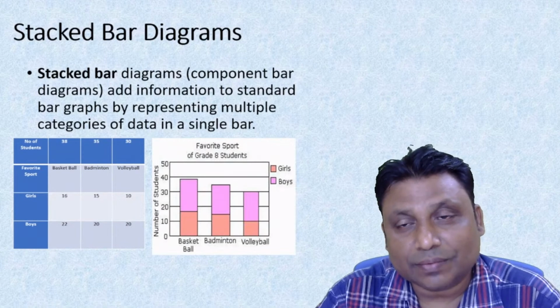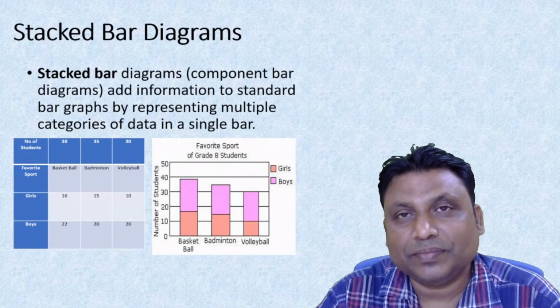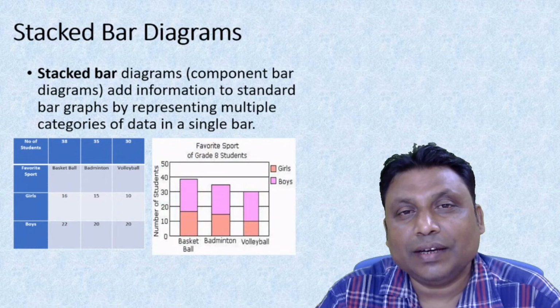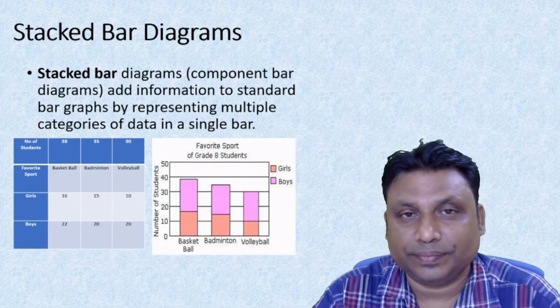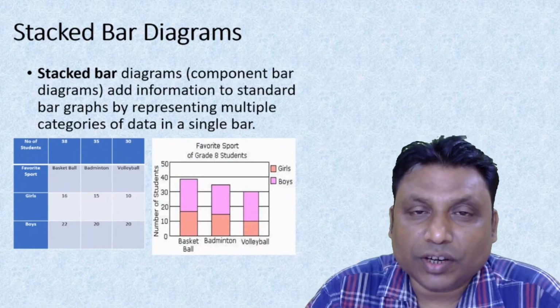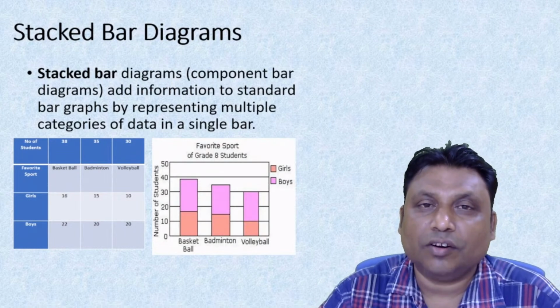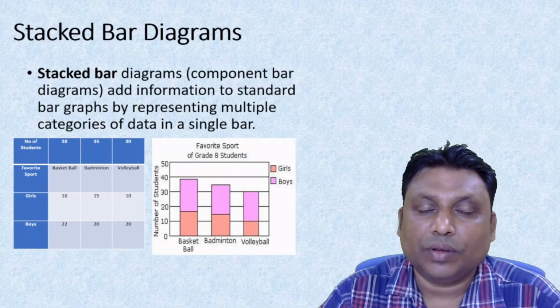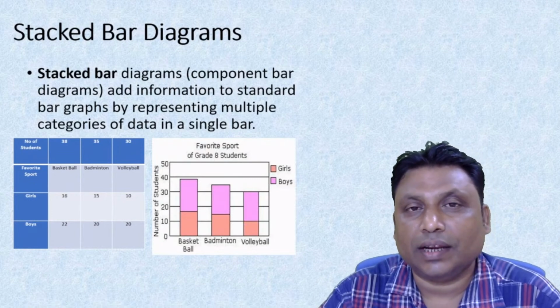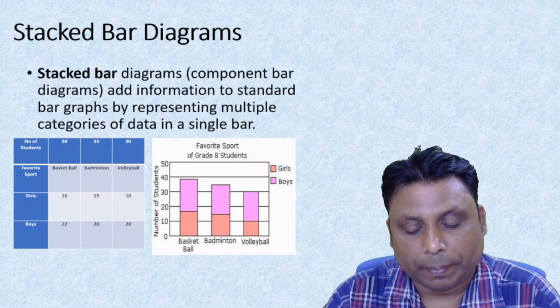For that, in the first class I told you that data reliability and validity are required. If data is not reliable, if the condition is not satisfied, or data is not valid, then we cannot go for statistical analysis. This is point number 1.